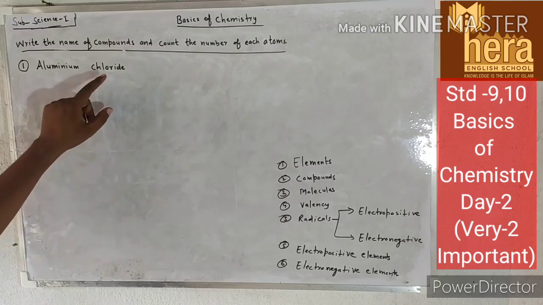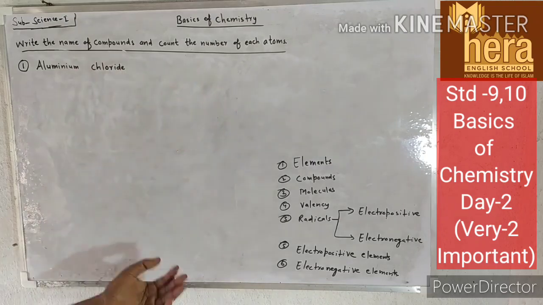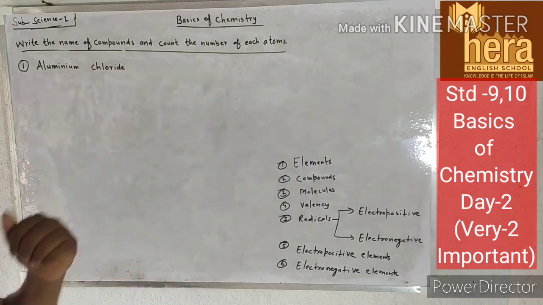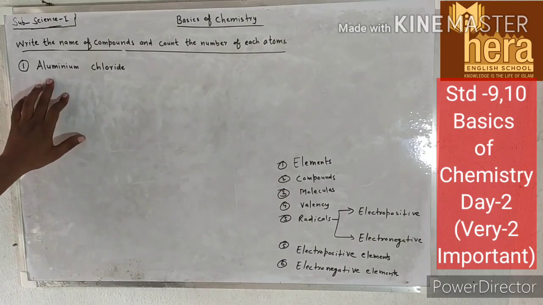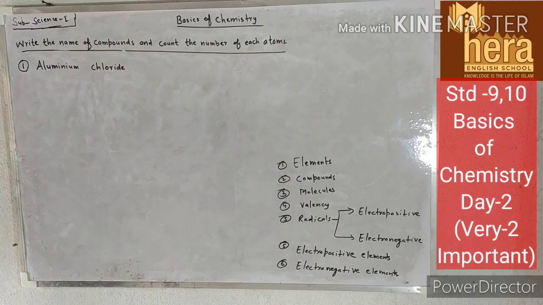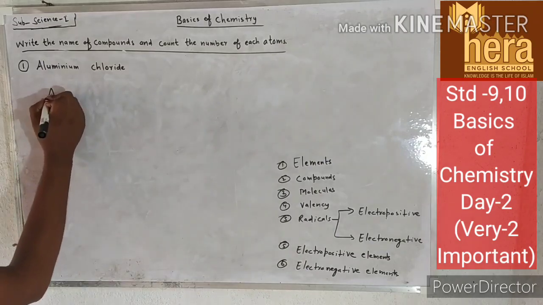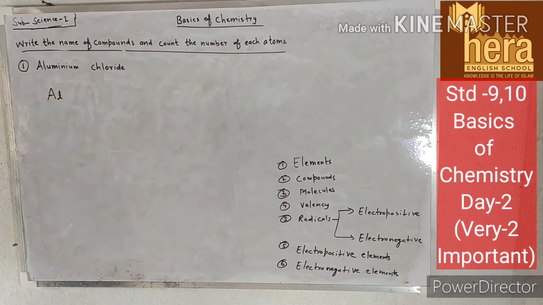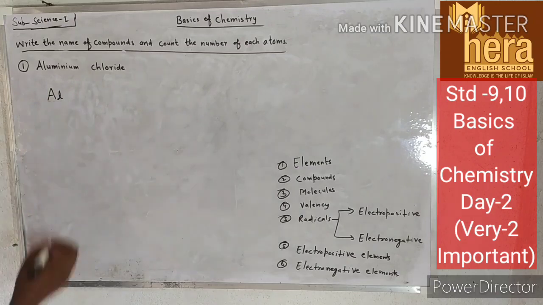Okay, so in the previous lecture I have told you to write all the tables and learn them. So in table number 3, if you see, the symbol of aluminium is Al, capital A and small l. Its valency is 3.